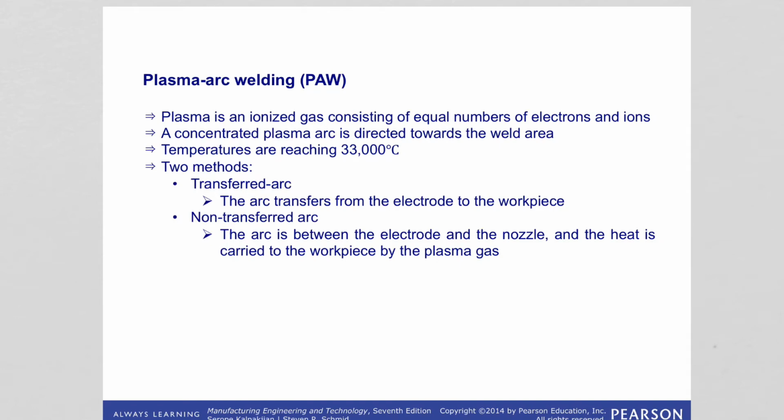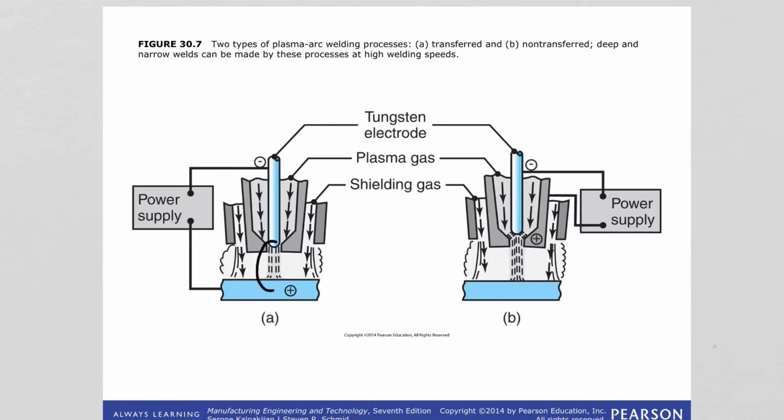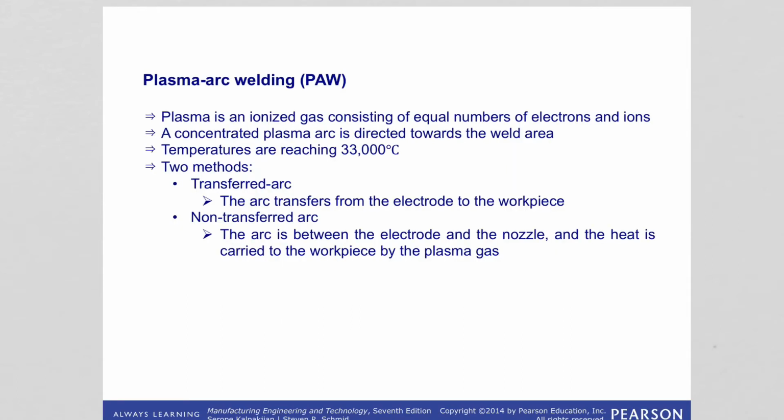There are two methods of plasma arc welding: one is transferred arc and the other is non-transferred arc. In transferred arc, the arc transfers from the electrode to the workpiece. Here you see it is transferred from the electrode to the workpiece. And there is non-transferred arc.